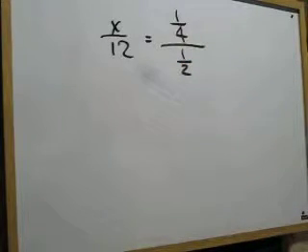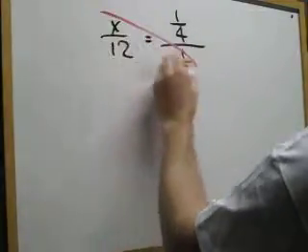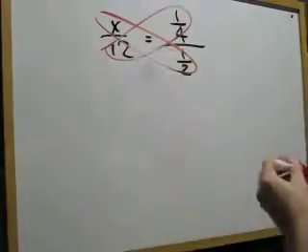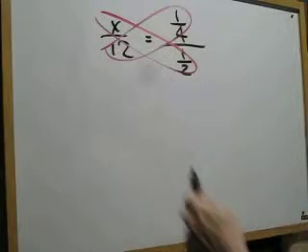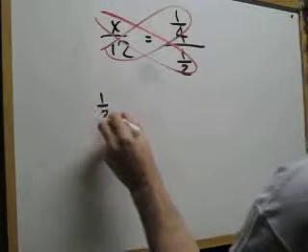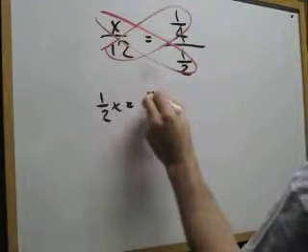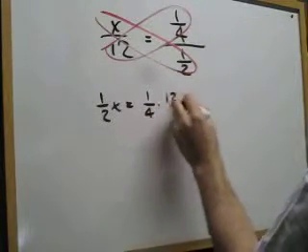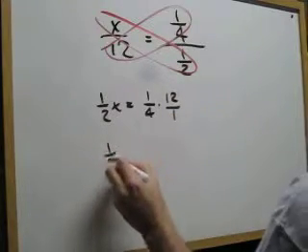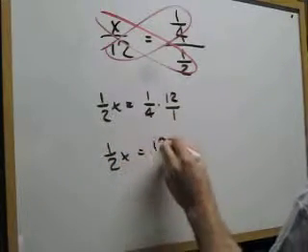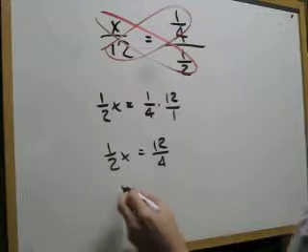Alright, so as far as this is concerned, it's saying multiply our means and our extremes, so we're going to multiply that times that. When I do that, I get 1/2 x equals 1/4 times 12, which is 1/2 x equals 12 over 4.